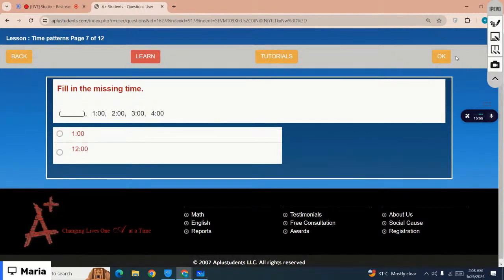Fill in the missing time. Which time is missing? The correct option is, yes, 12 is missing.